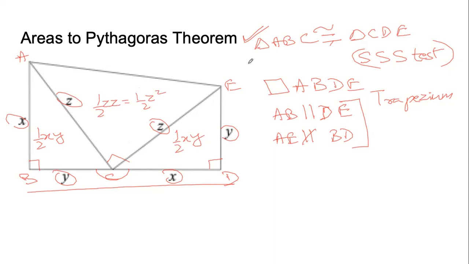Now these three triangles combine to form one trapezium, and area of that trapezium is given by half sum of the lengths of the parallel sides. So x plus y are the lengths of the parallel sides, and the distance between the parallel sides is x plus y.